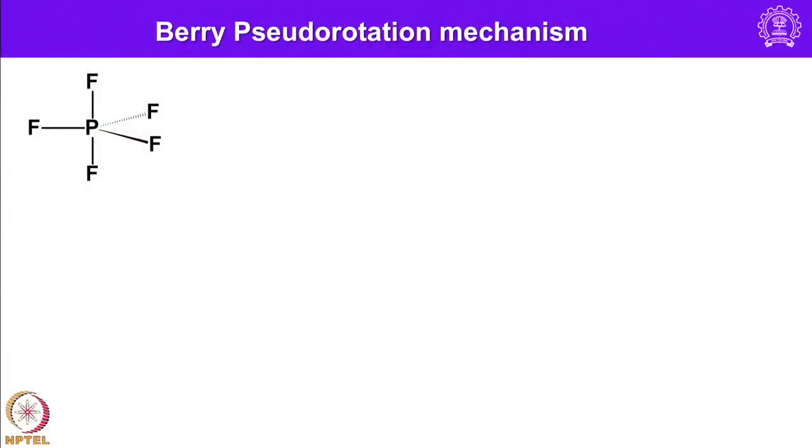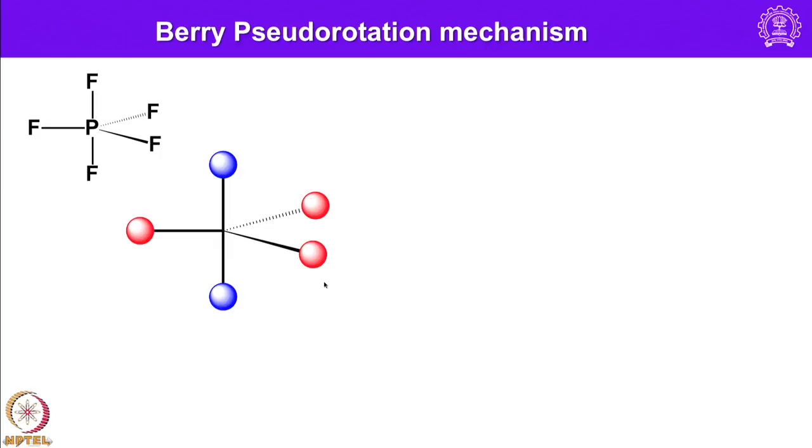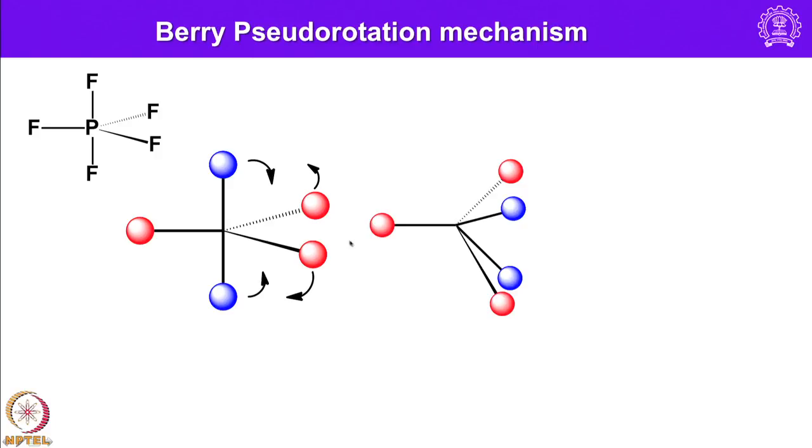So, before I conclude, let me show you the Berry pseudorotation mechanism here. You can see here, I have just marked in different colors to denote axial and equatorial halides. Now basically what happens, these two will be moving towards each other, and then these two will be moving away from each other, and we have an intermediate of this one.